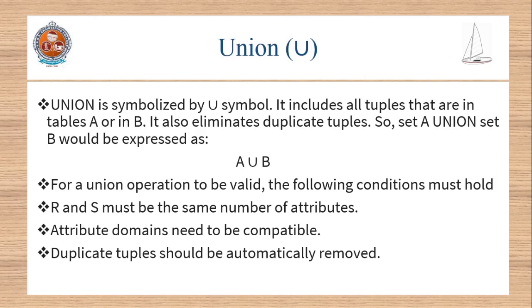If column 1 in table R is integer type, then column 1 in table S also must be integer. And the duplicate tuples should be automatically removed. Whenever there are duplicate tuples when this operation is being executed, those duplicate tuples must be automatically removed. When these three conditions are satisfied, then we say that these two relations are union compatible. Only when they are union compatible, we can perform this operation.